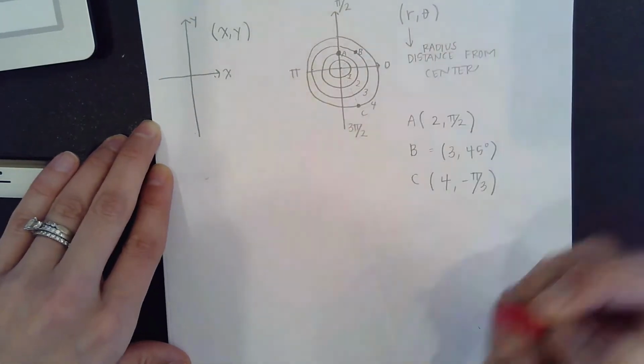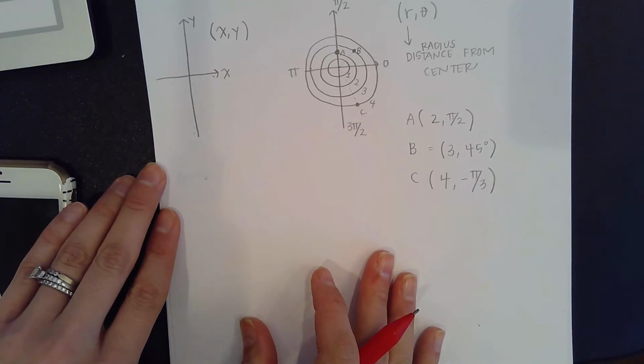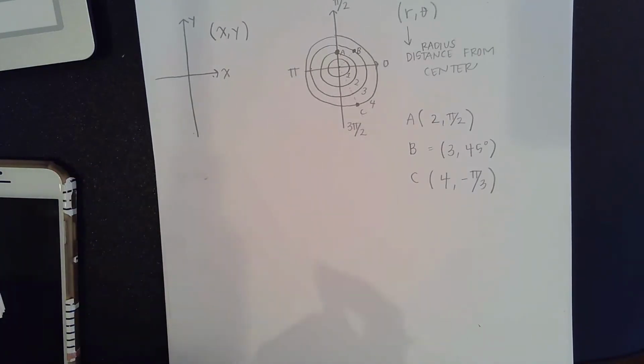That would be your point C. So that's how you plot your points.